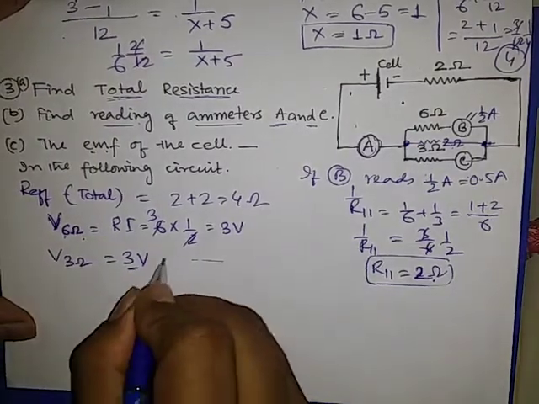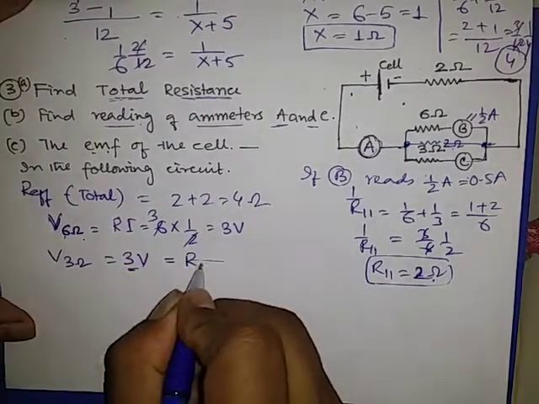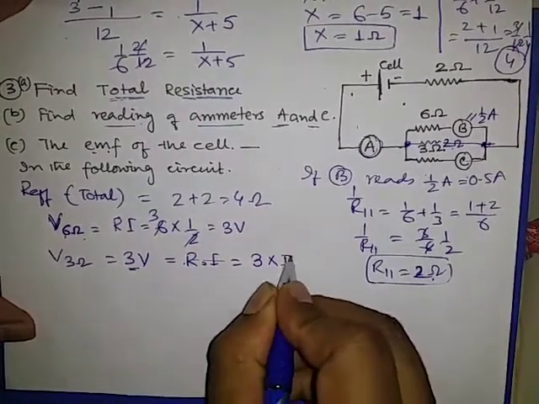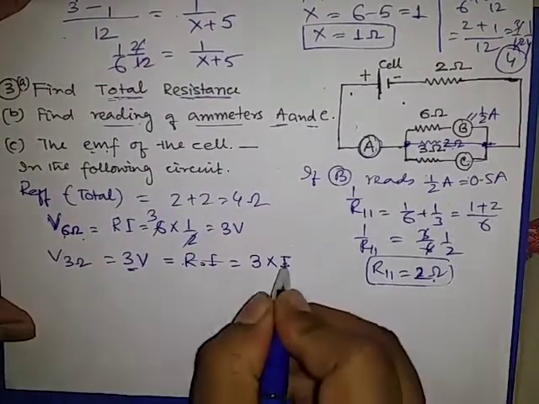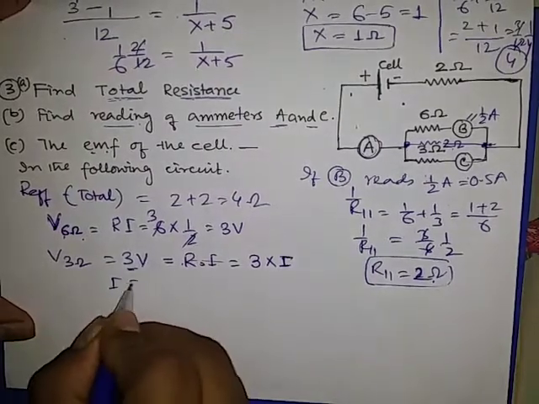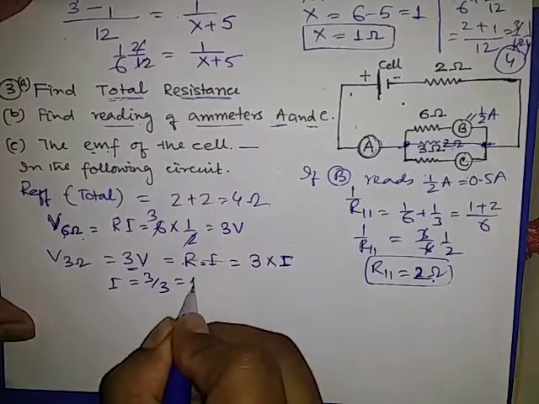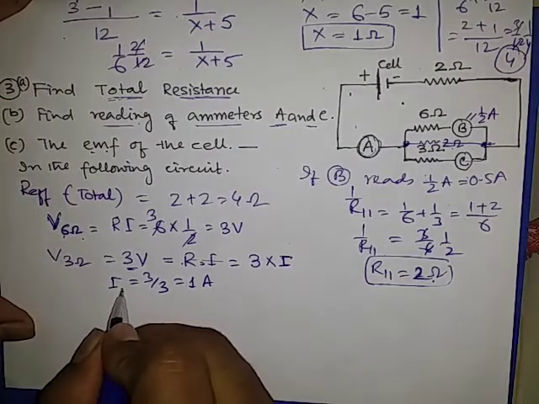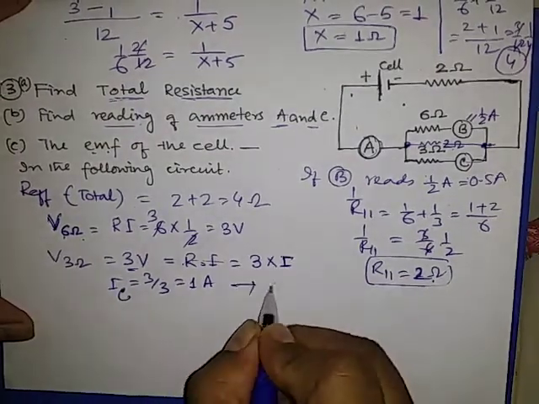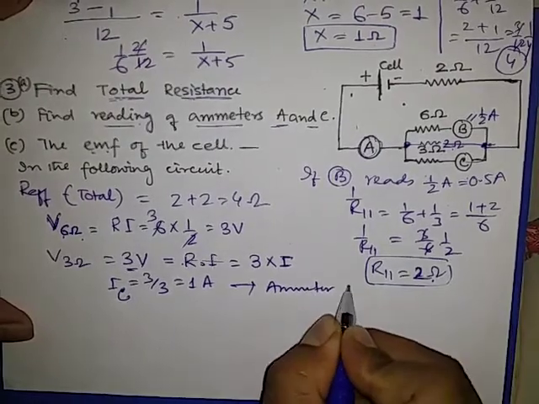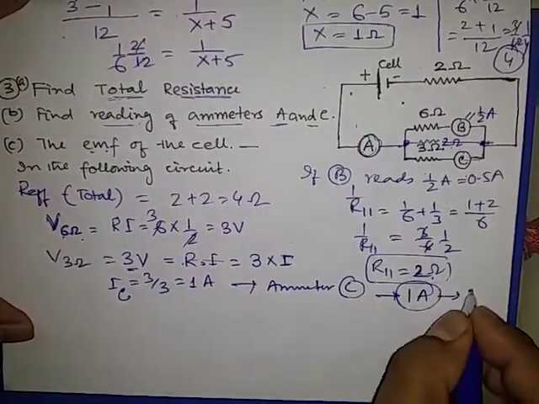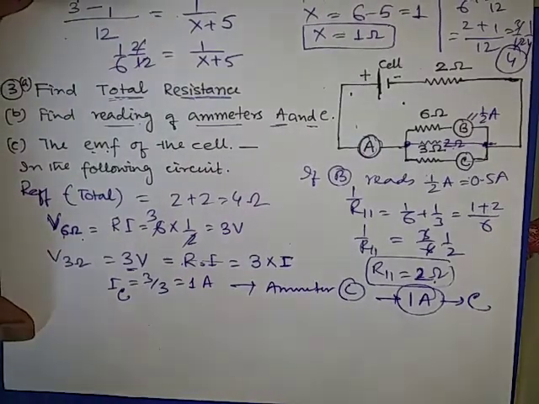Now we can write 3 equals R into I. R is 3 here, and you have to find out I. So I equals 3 by 3, which means 1 ampere. Did you get it, students? So ammeter C gives 1 ampere.